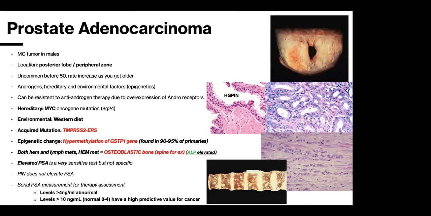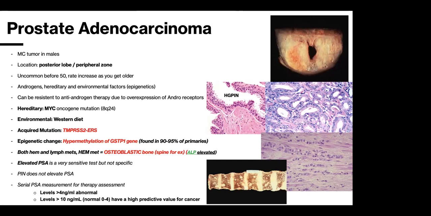The risk factors are androgens, it could be hereditary, due to environmental factors, or epigenetic factors. Epigenetic factors is what the question asked earlier. Hypermethylation of GSTP1 is an epigenetic factor. It could be resistant to anti-androgen therapy due to overexpression of androgen receptors. This is a subtype of prostatic adenocarcinoma where they're resistant to anti-androgen therapy, like finasteride.